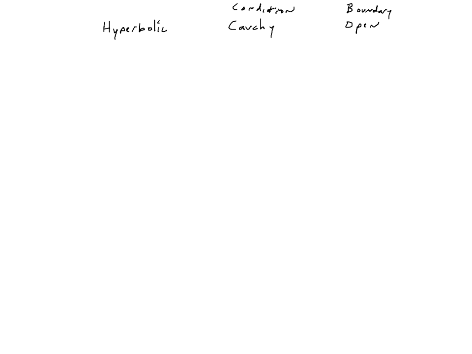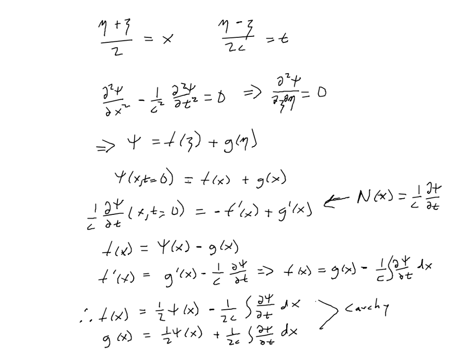The reason why I say open is because you need to know what the solution is at the beginning, but not necessarily at the end. So you set the initial conditions for the system, and it freely evolves, but you don't have to know where it's going to end up. So you can evolve it in time, and you can get that from having to specify the solution in x and how it's going to change with respect to time.